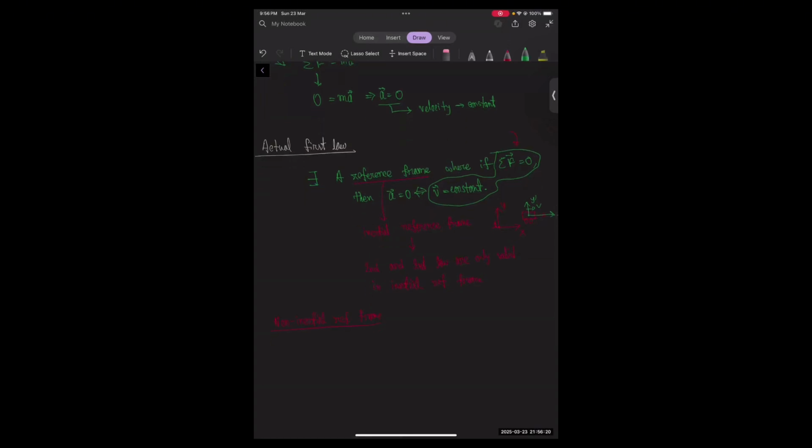So what would be an example of a non-inertial reference frame? We can just take an accelerating bus. We have a bus that is accelerating forward with acceleration a, and there is a person standing inside the car.